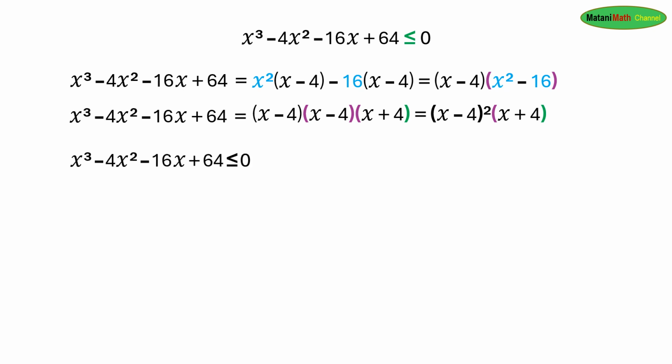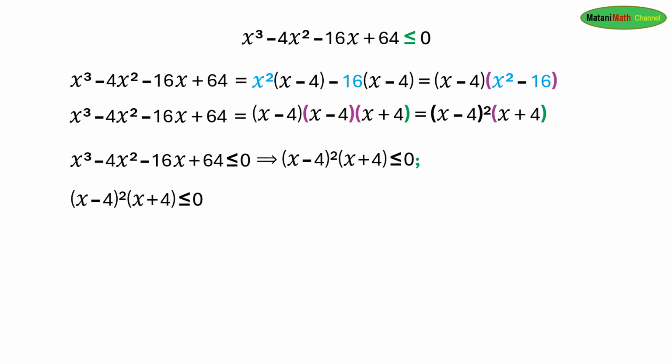So if x cubed minus 4x squared minus 16x plus 64 less than or equal to 0, then the square of x minus 4 times x plus 4 less than or equal to 0.